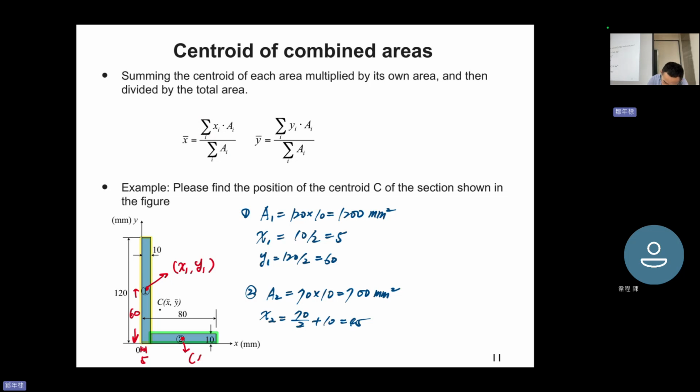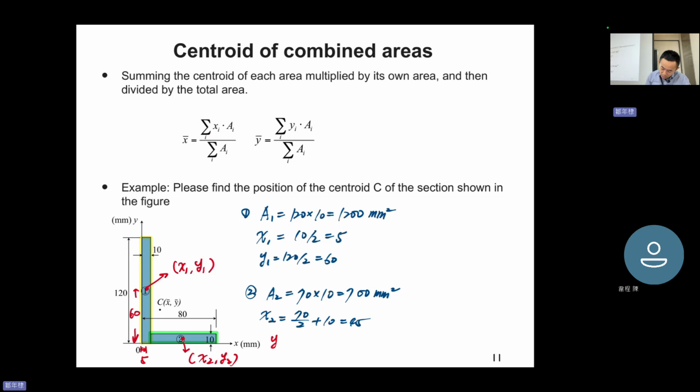So your x2, y2. Okay, the coordinate of x2 should be 70 divided by 2 plus 10. Where's the 10? Here. So 70 divided by 2 is 35, plus this length, 10. Okay, so 45, and y2 will be easy.